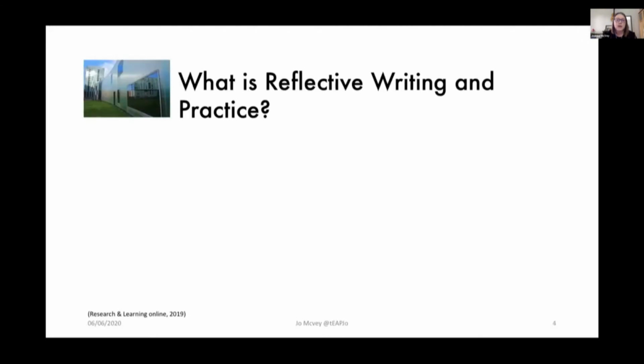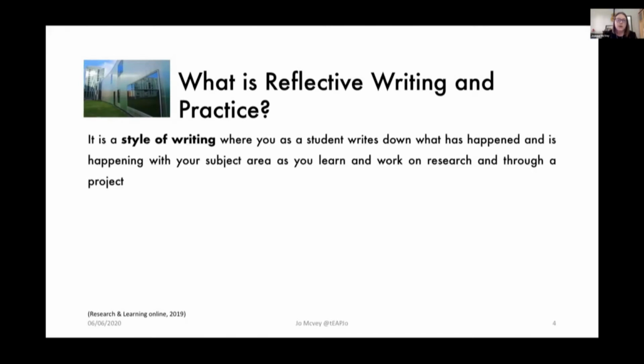And what is reflective writing in practice? It's a style of writing, yes, but it's also the way you think about what you're doing. Often at university, you have to write down what you're doing and what you're thinking about what you're doing. So you're writing down what has happened, what's happening to you, and so on.